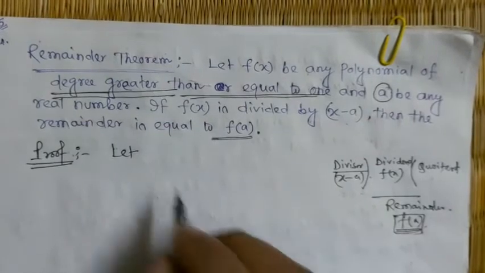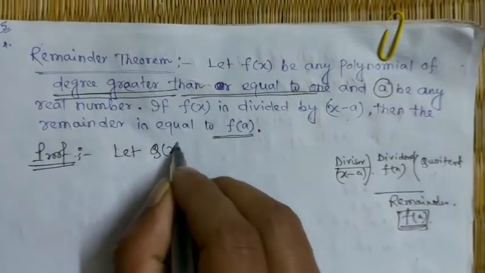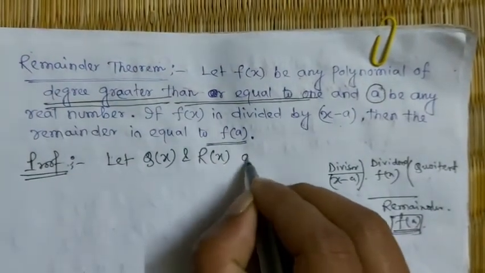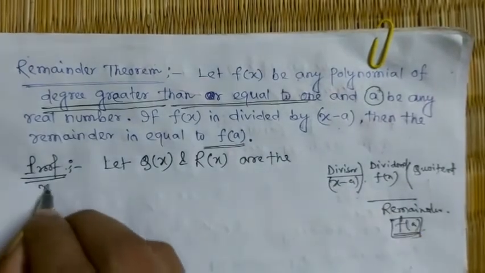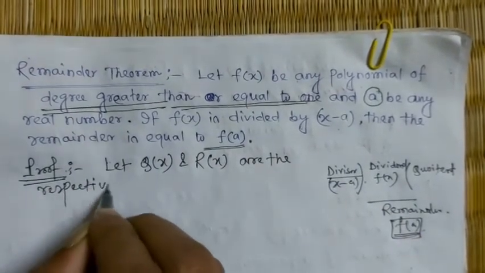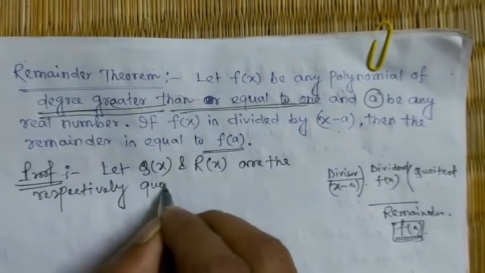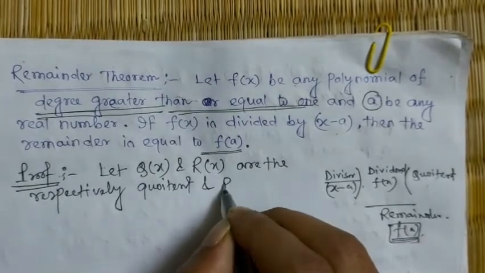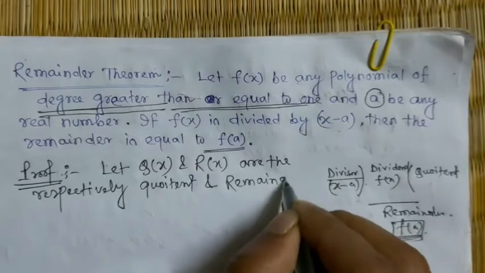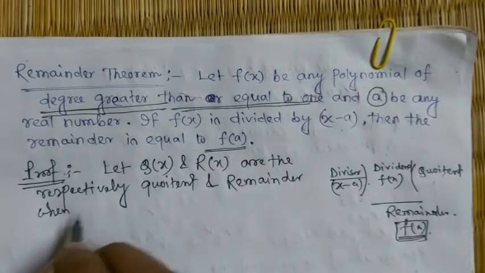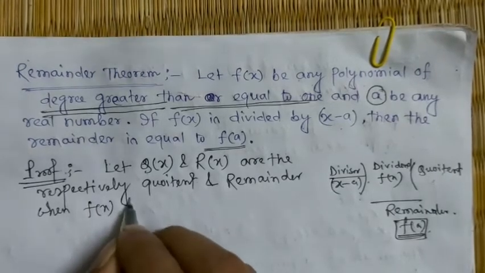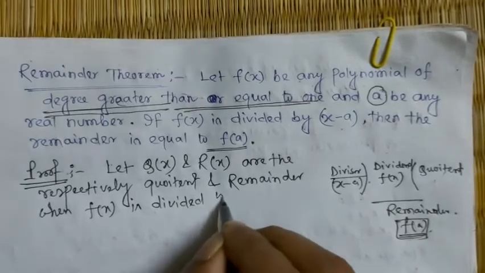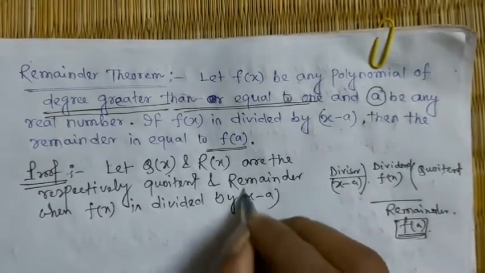So I will consider q(x) as the quotient, that's why I take q, and r(x) are respectively the quotient and remainder when f(x) is divided by x minus a.